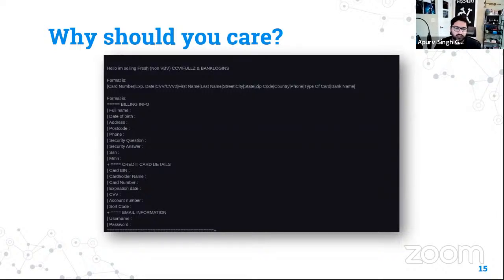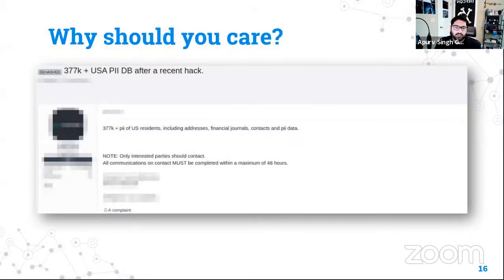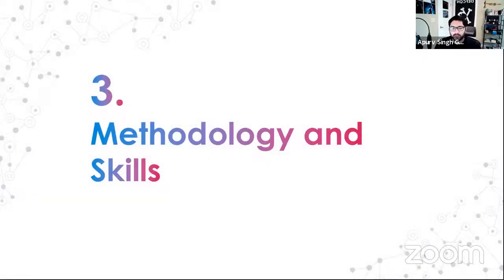You can see they sell card number, credit card holder, expiration date, CVV, account number, etc. And the third one is related to PII, which is US citizens' PII, including address, financials, contacts, and other PII data. These are the types of things threat actors sell on the dark web, or post for free.